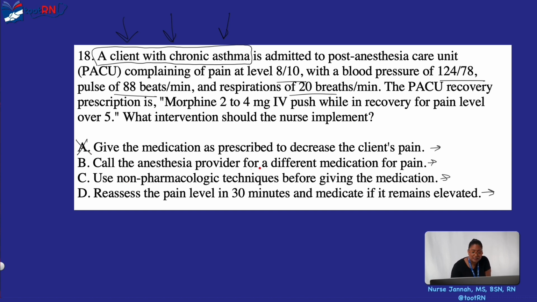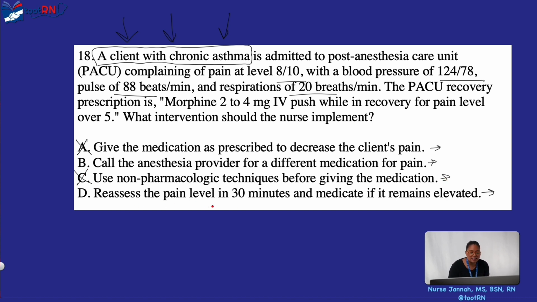B says, call the anesthesia provider for a different medication for pain. Yeah, let's keep that because we got to fix this 8 out of 10, but not with the medication that could cause them to have breathing problems. C says, use non-pharmacologic techniques before giving the medication. Non-pharm, okay, great. We're down with that. But before giving the medication, no, we're not going to give this medication.